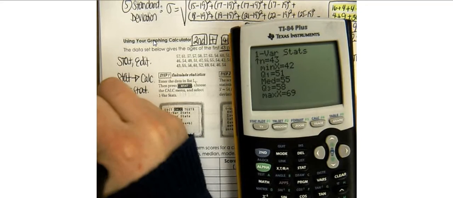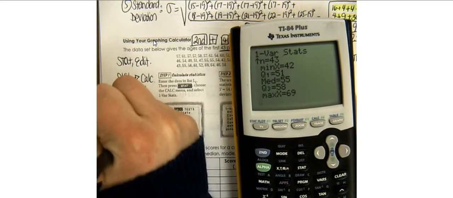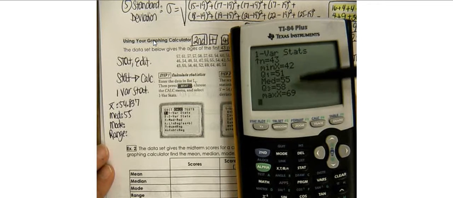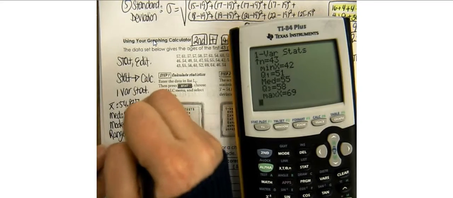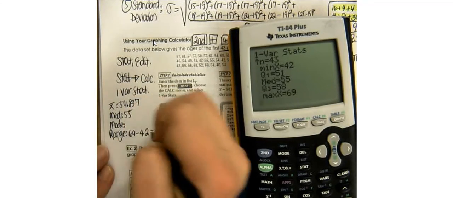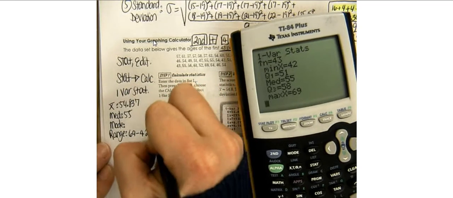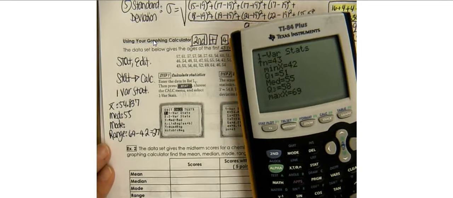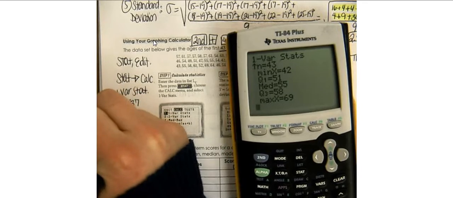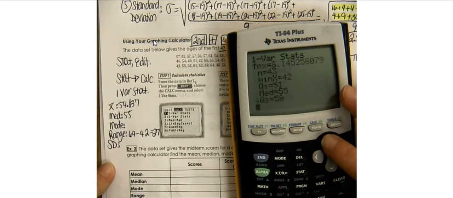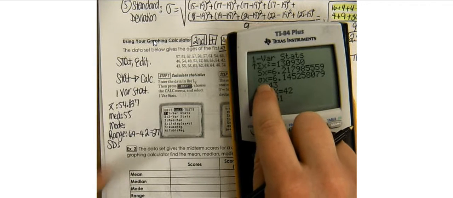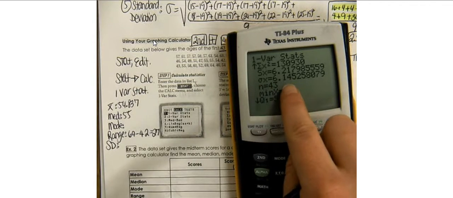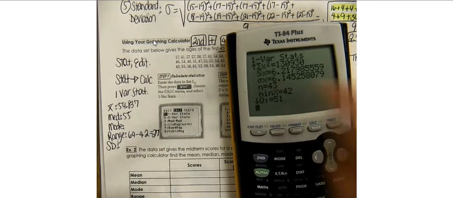Our range, well, what's cool is that they tell us our minimum value and our maximum value. Our maximum value is 69. Our minimum value is 42, and 69 minus 42 is equal to 27, so our range is 27. Standard deviation is given to us. If you scroll up, it's going to be the standard deviation of x, and that symbol tells us that our standard deviation is 6.145.